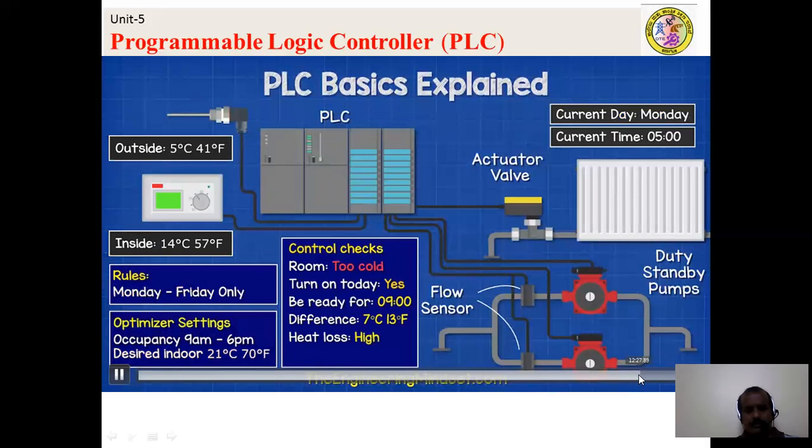It then checks the outdoor temperature to calculate how long it will take to heat the building, because on a very cold day, there will be a greater heat loss, and so this will take longer. From this, the PLC calculates what time it needs to turn the heating system on so that the building is at the desired temperature ready for 9 AM.